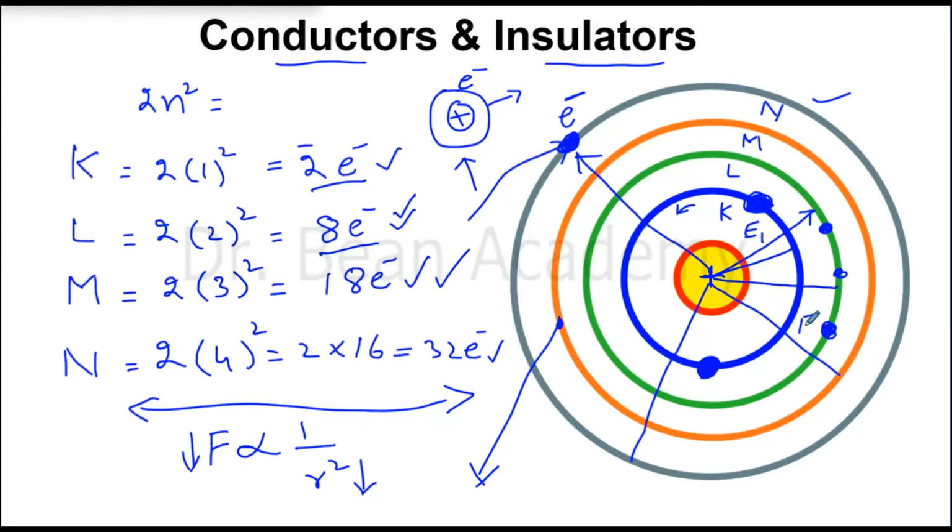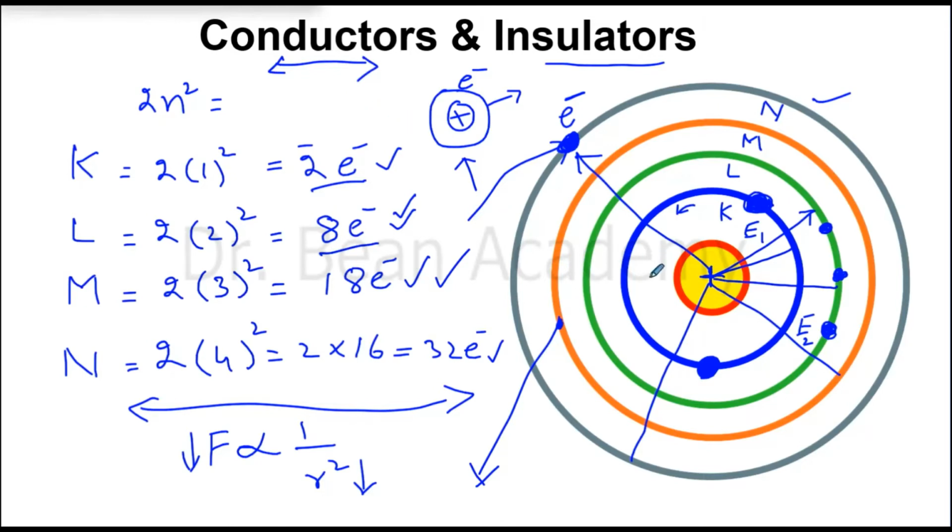So it means E2 will be less than E1, of course, because it is a little far away, and if the shell is not completely filled, I have the chance to snatch this electron. And in the same way I can go outer and outer, it depends on the material. So if I want a good conductor, now you have the idea of what a good conductor could be.